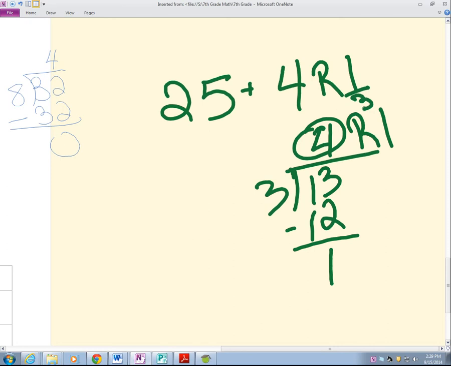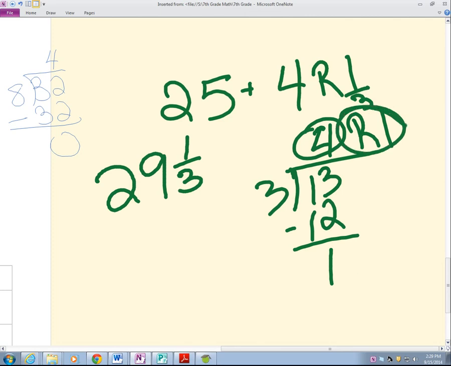So 25 plus 4 is what? 29 plus 1/3. That was last year's simplifying fractions. Does that make sense? Whatever's left over, that's how many thirds you have left over.